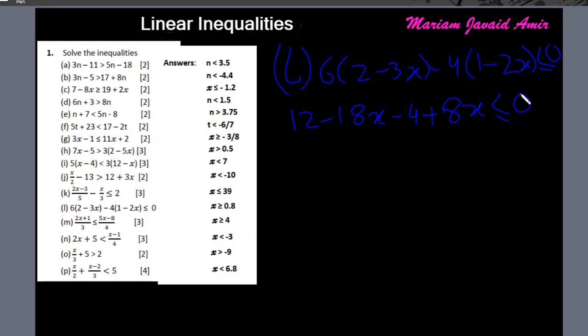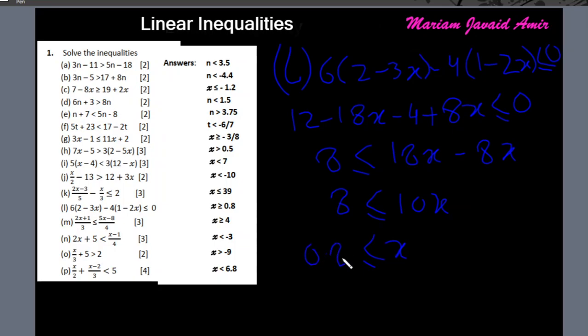So we get 8 here, and let's take 18x minus 8x to the other side, which gives us 10x. So x is greater than or equal to 0.8, or write it like this: x is greater than 0.8. Both mean the same thing.